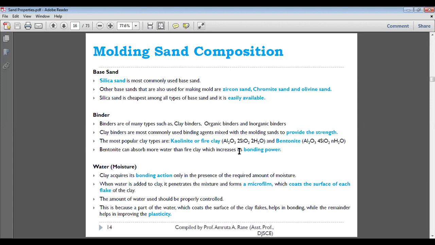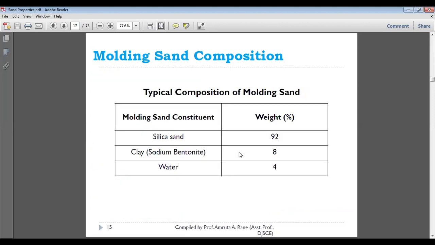Molding sand preparation, composition. These are the base sands, then binder, then moisture, then molding sand. Molding sand composition contains 92% silica sand, 8% clay, which is known as sodium bentonite, and 4% water by weight. 92 plus 8, silica plus clay, makes up 100%, and 4% water is added to it for making it wet.